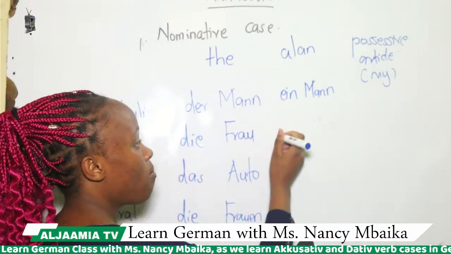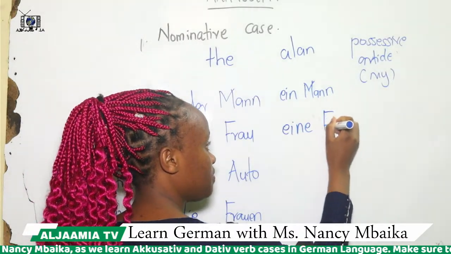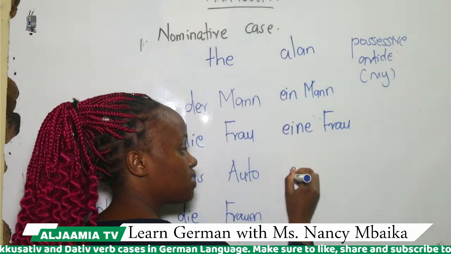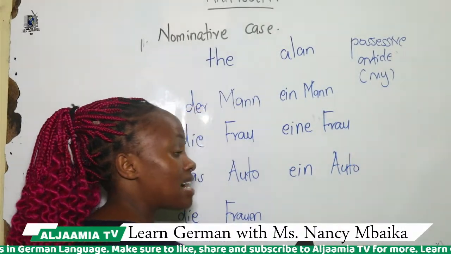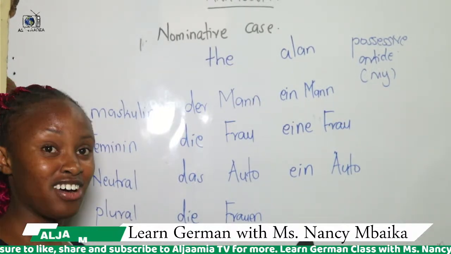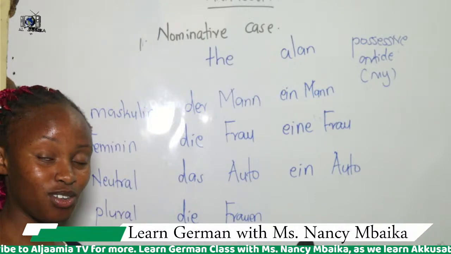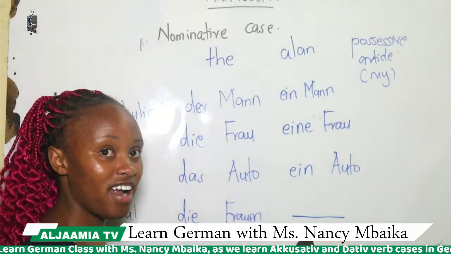So I want to say a woman, I'll say eine Frau. I want to say a car, I'm going to say ein Auto. But the same way in English, you don't have a woman or an apples. It's the same way in German. So we don't have the plural of a or ein.